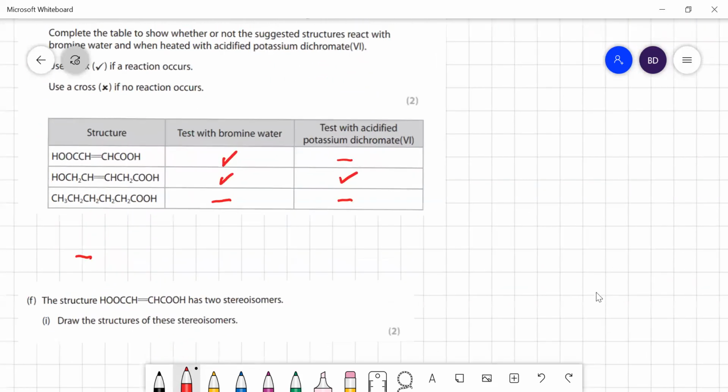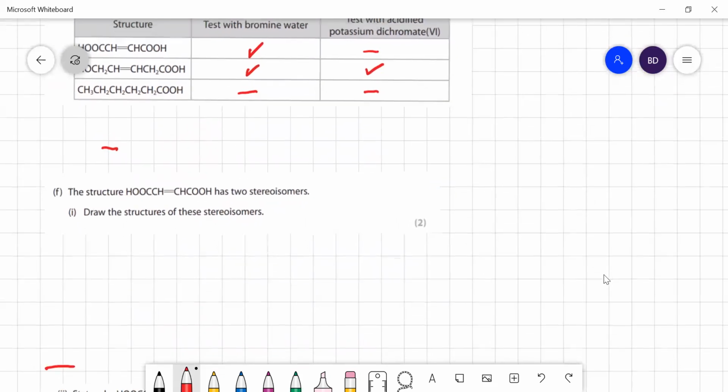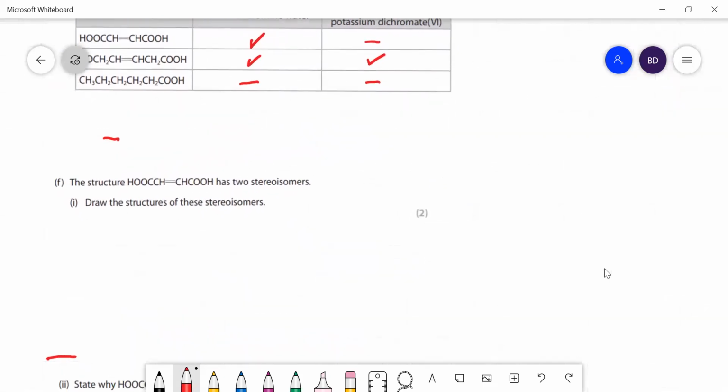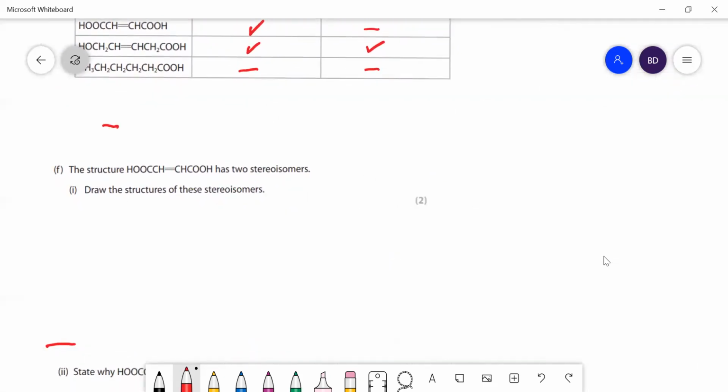Okay, right, stereoisomerism. It says this dicarboxylic acid has 2 stereoisomers. Draw the structures of these, the E and the Z. So put our double bond down first, and you can see attached to this carbon we have an H, and we've got a carboxylic acid.